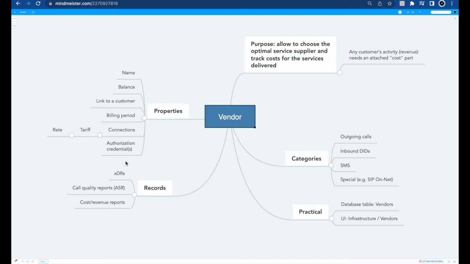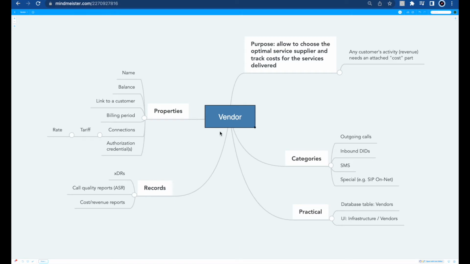Nevertheless, in some situations, the cost of the service may be zero. One example of such calls at zero cost would be our customers calling each other using SIP phones connected to the PortaSwitch. There are no direct costs involved in this case, but we still need to create a record about this in the system.